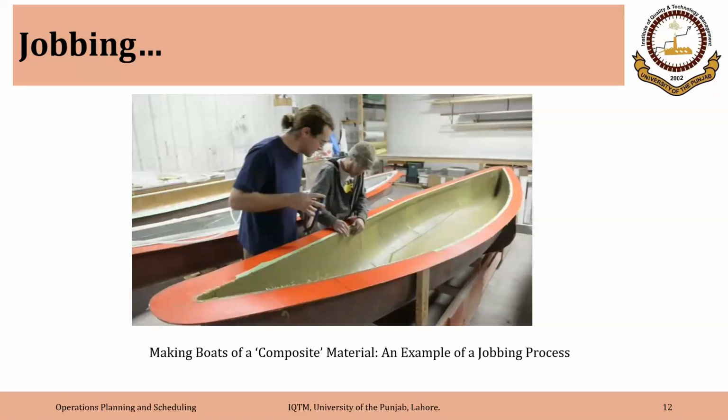So if you are aware of the process to make composite products, you need some equipment to spray the matrix that is used in the composite material. And again, there is some simple hand equipment, hand tools required to make products using composites.